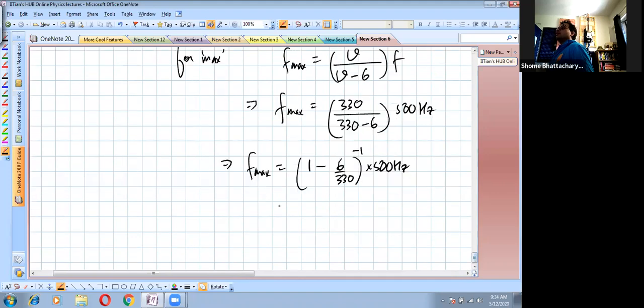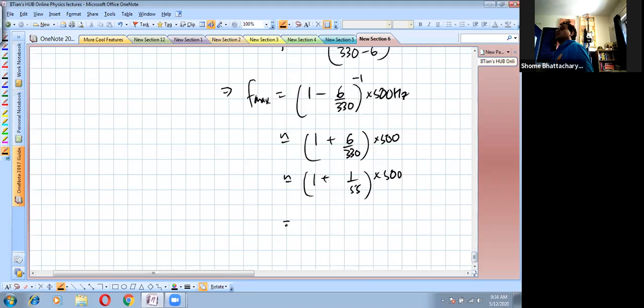So then we can approximate this as 1 plus 6 upon 330 into 500, or 1 plus 1 by 55 into 500.